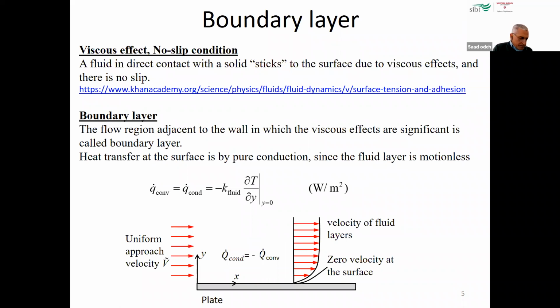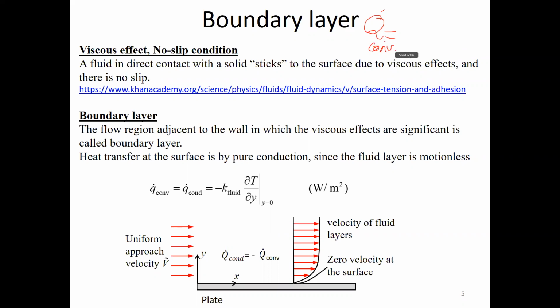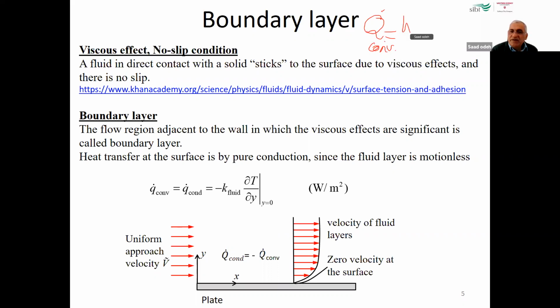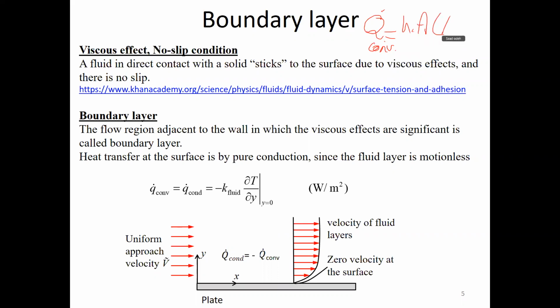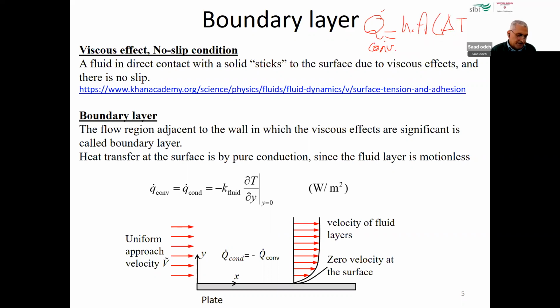Okay, so you remember before we said that for heat transfer by convection, we need to follow Newton's law. Again, can someone remind me of Newton's law of cooling? We just mentioned. Yes, h multiplied by A. Yeah, perfect. Multiplied by delta T. Yes, correct.